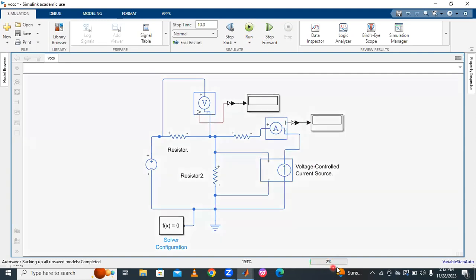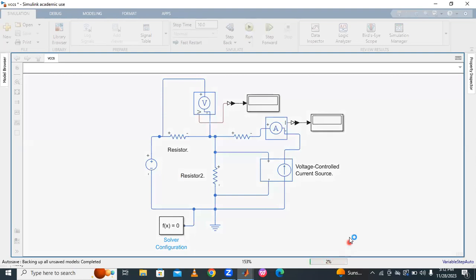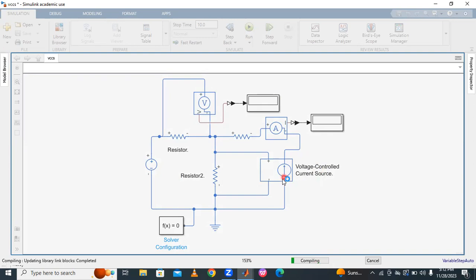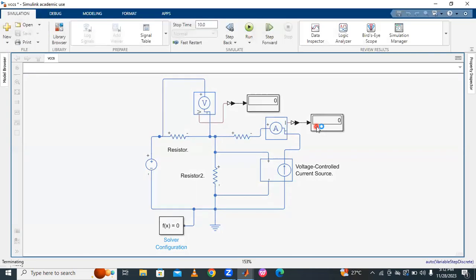It's compiling, 2% is completed, and then it displays the voltage and current for the dependent circuit. This is called a voltage controlled current source. After simulating, the display will show the results.